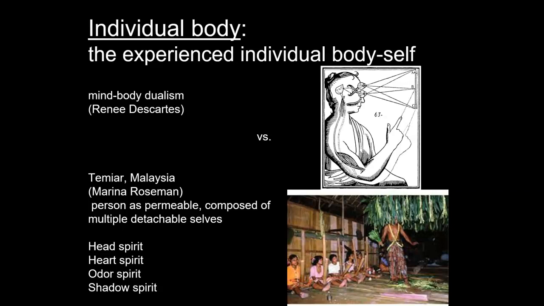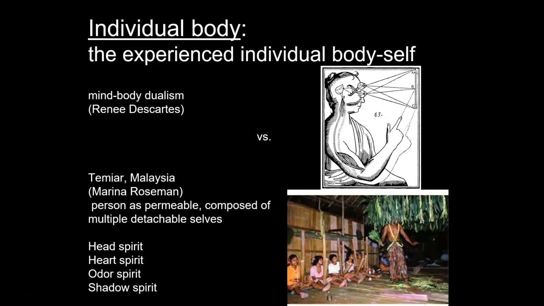Now, that is not, as I've suggested, the only way to conceptualize what an individual body or an individual person is. So as another, contrasting example, I'll give you this example on the bottom. And this is drawing from the work of a medical anthropologist named Marina Roseman, who has done long-term field research in Malaysia with a group of people called Temiar.